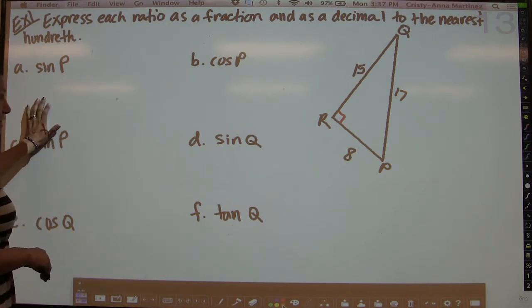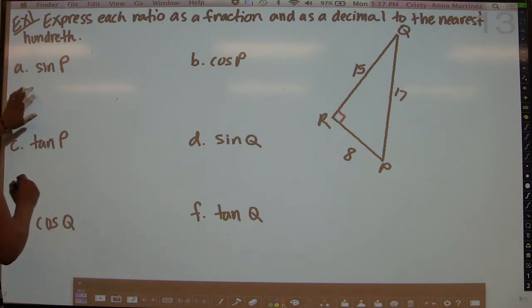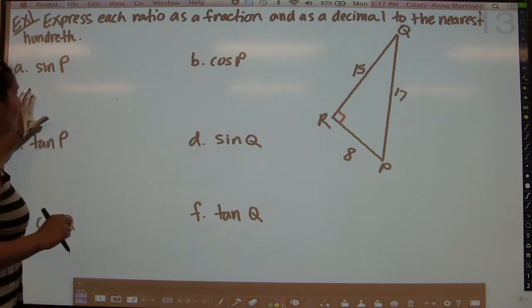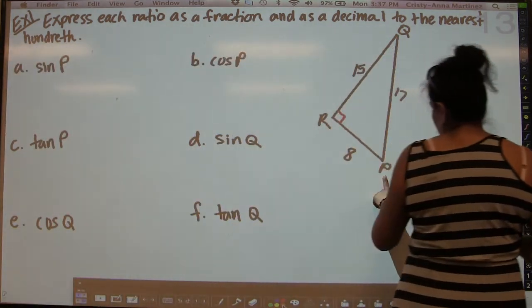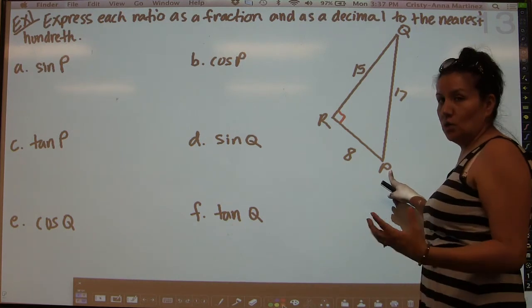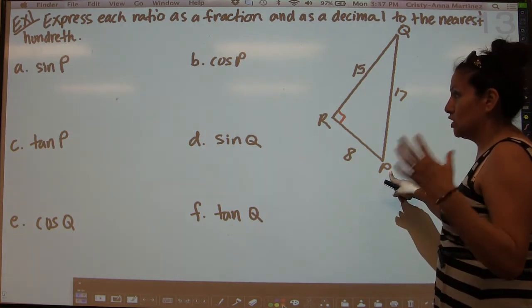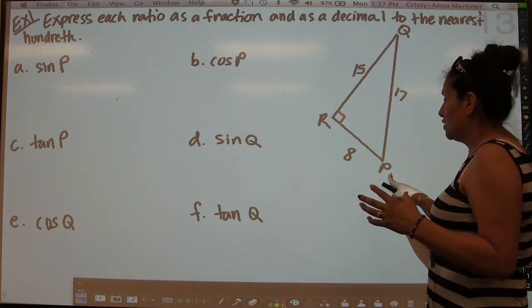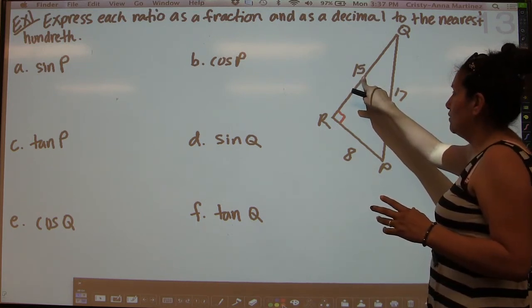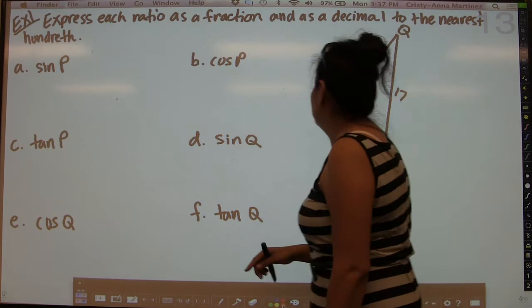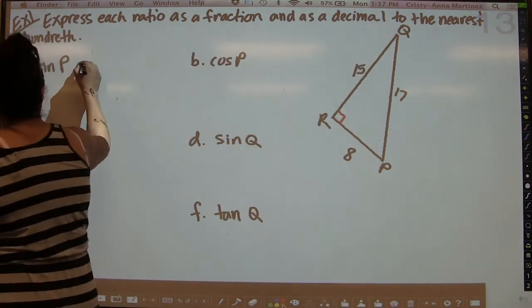So in part A, it wants sine of P. So sine of P means that I have to go to the vertex P, which is right here, and I have to use SOHCAHTOA. So sine is the SOH part, that means opposite over hypotenuse. So opposite is going to be 15, and the hypotenuse is going to be 17. So sine of P is 15 over 17.